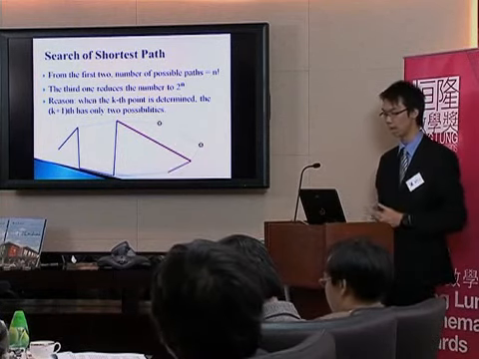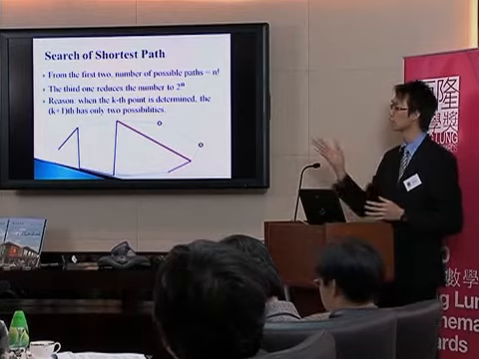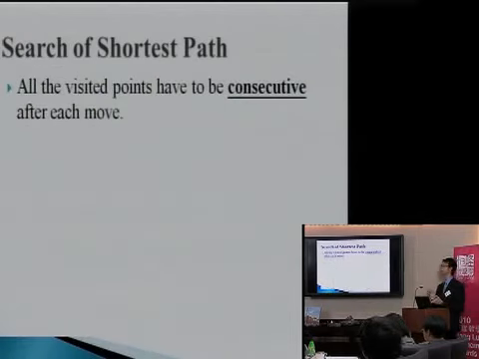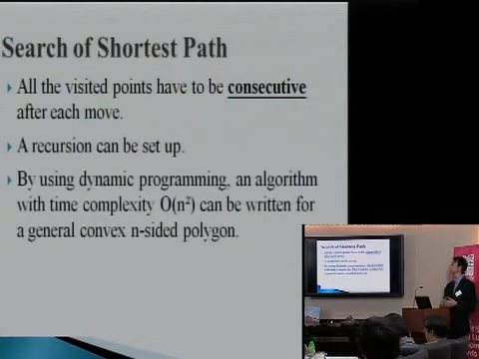And the same will happen to another direction. So by contradiction, we can show that there are only 2 possibilities. So by arguing further inductively, we can show that all the visited points have to be consecutive after each move. And so a recursion can be set up, and also by using some dynamic programming techniques, an algorithm with order n squared can be written.